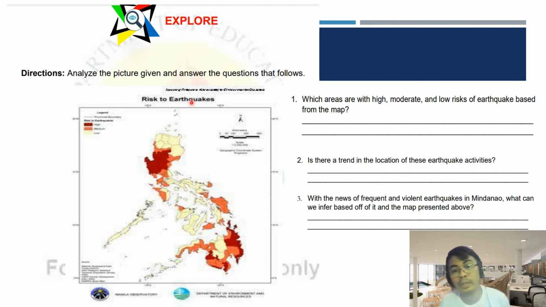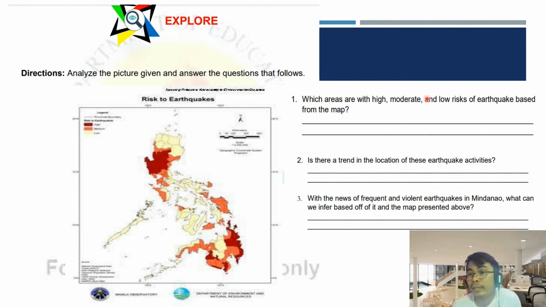And then yung yellow naman, medyo malimit or talagang halos hindi nangyayari yung earthquake po. Okay? But take note, when we speak of low naman, nakaka-experience pa rin pero konti pa lang. Okay? That's according to this map po, provided by the Manila Conservatory.